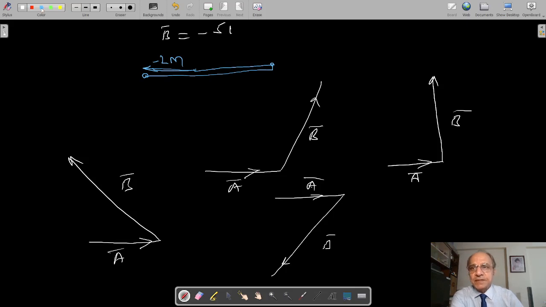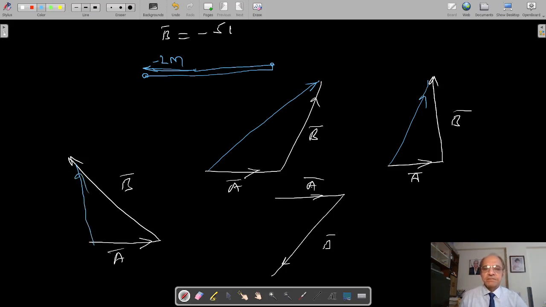So what will be the resultant? The final displacement in this case is this. Okay. If these two vectors are acting at a time, that means the person is starting from here and reaching here.